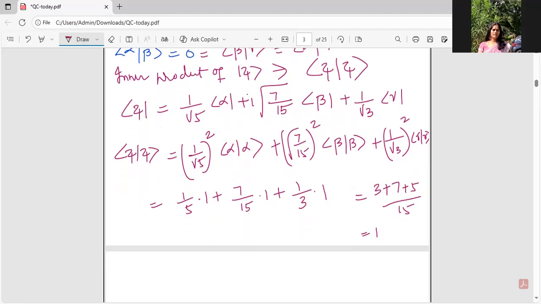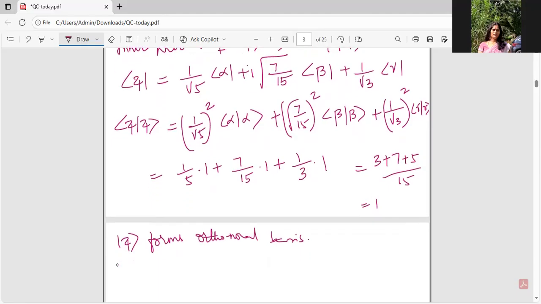Can I tell that psi forms an orthonormal basis? Yes, because the inner product is 1. Psi forms an orthonormal basis. This is one example.